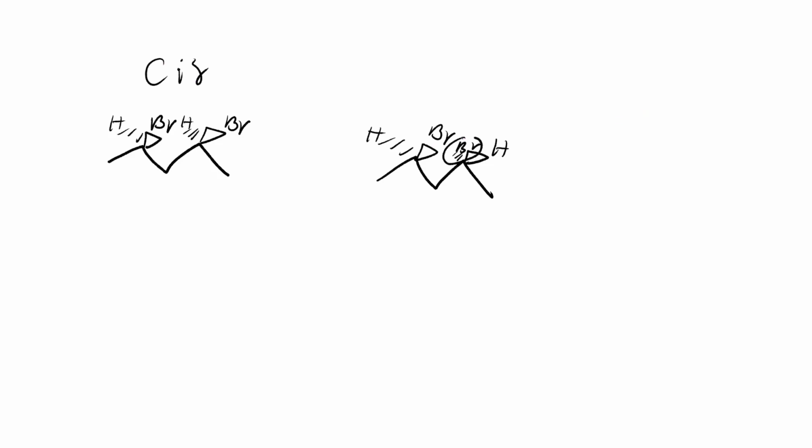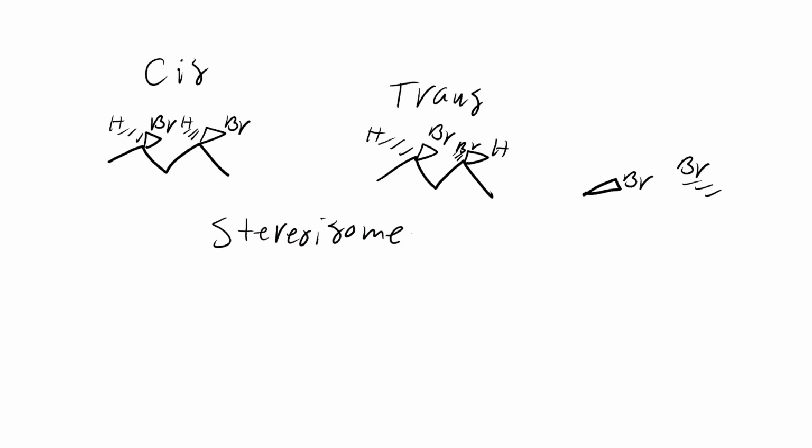They're the same. But notice that this bromine and this other bromine are in opposite directions, right? We have a wedge for bromine, that means it's coming right at you, and then we have one that's going backwards. They are actually in different locations. We could say that they are trans, and that is a part of stereochemistry.